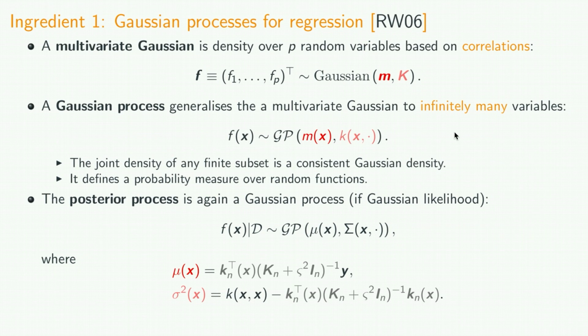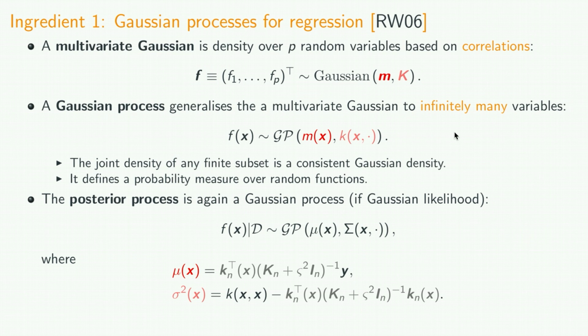The other nice property is that when you assume you have a Gaussian process prior over the target function, and we assume you have a Gaussian noise model, like in the previous slide, then you can compute a posterior process in closed form.